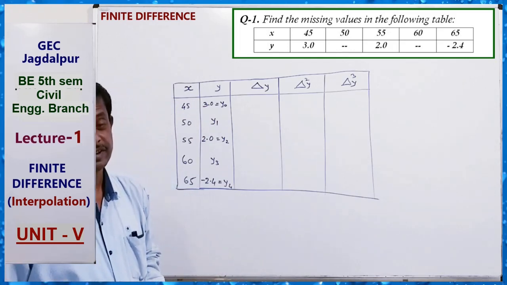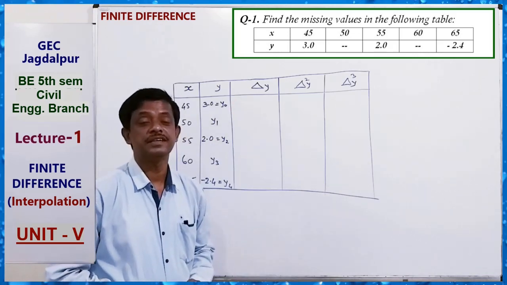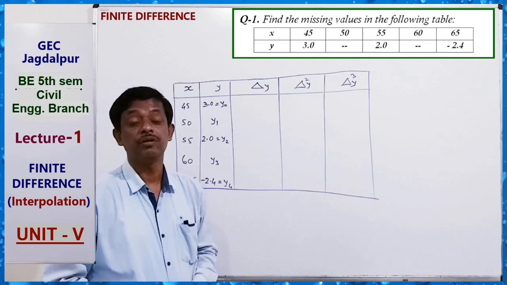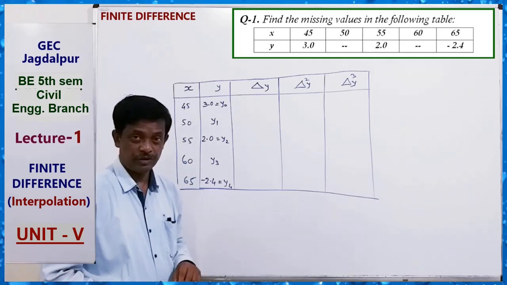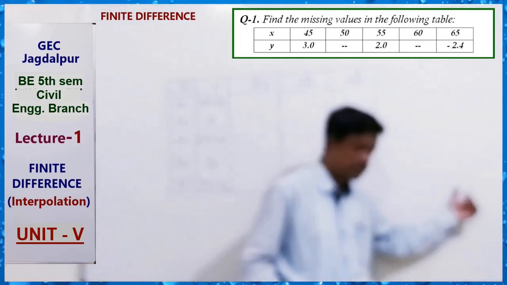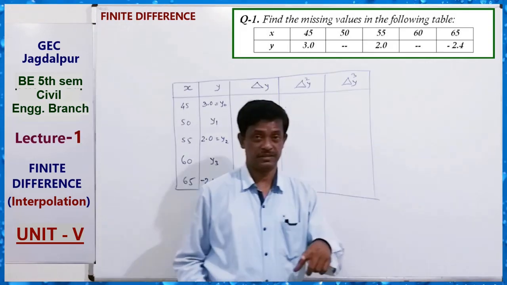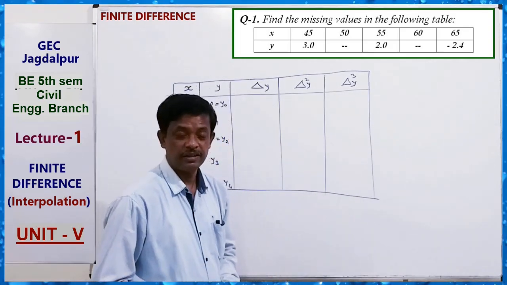So the function can be approximated by a polynomial of degree 2. If 3 entries are given, then we can approximate the function as a second degree polynomial. Clear?